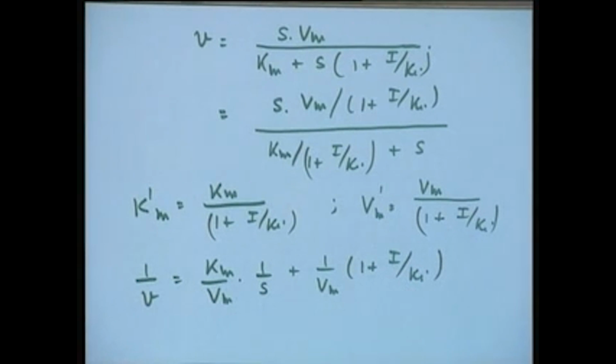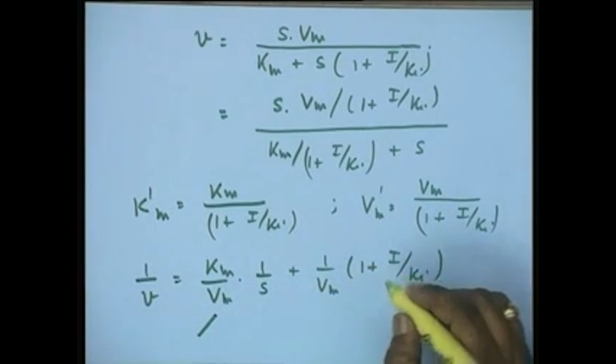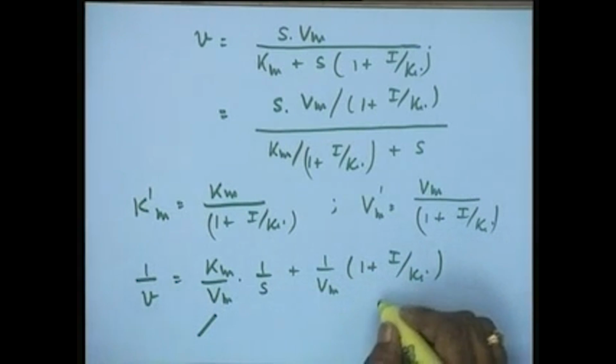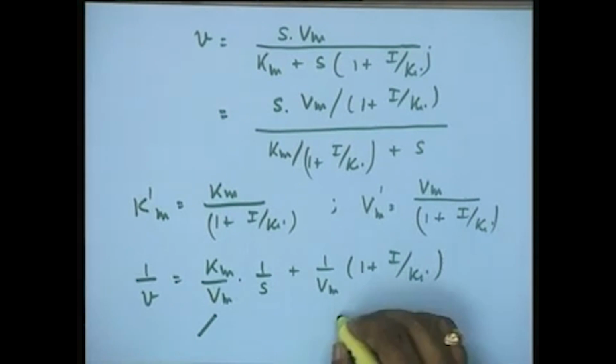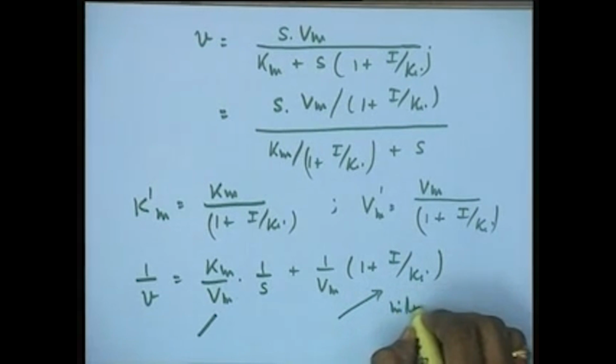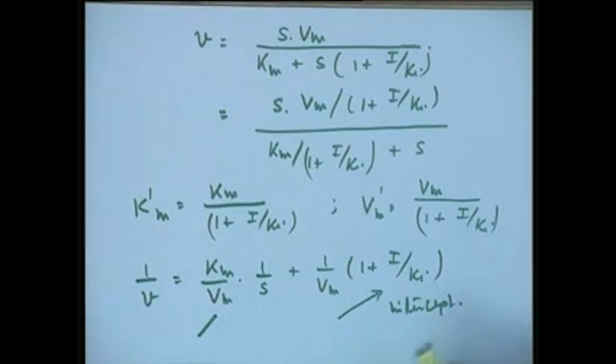Therefore, you will notice that the uncompetitive inhibitor does not change the slope, the slope remains unaltered, but the intercept 1 upon Vm on the y axis is increased by a factor of 1 plus I over Ki.